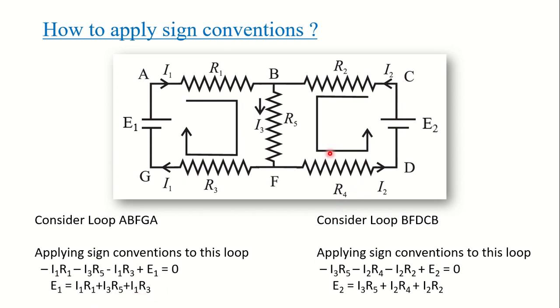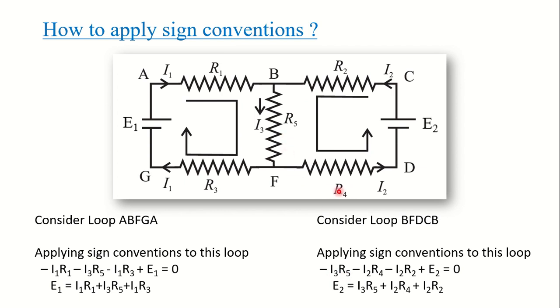Now we will try to understand the sign conventions in the second loop. That is, we are considering the loop BFDCB. Here we are moving from B to F. Again you can see the direction of current and the direction of the loop are both the same in the resistance R5, so the potential drop across R5, which is I3R5, is negative.